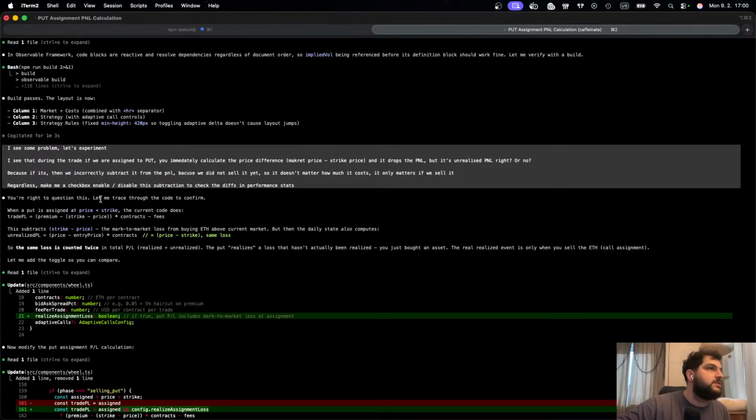"You are right to question this. Let me trace through the code to confirm. When a put is assigned, the current code does this: it subtracts strike minus price, the mark to market loss, when buying. So the same loss is counted twice." Yes, you see, that's the problem. So actually the strategy is performing well. I found it. The put realizes a loss that hasn't actually been realized. You just bought an asset.